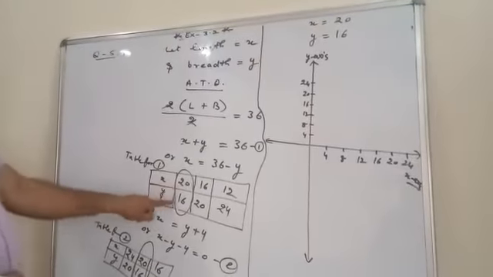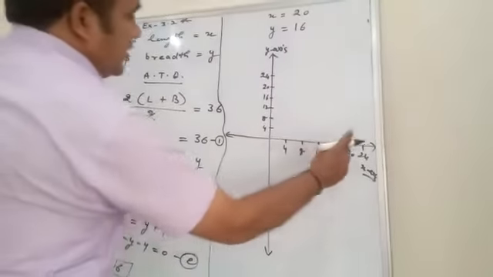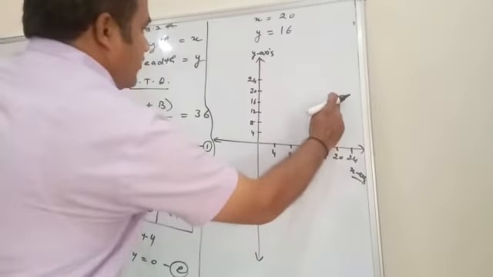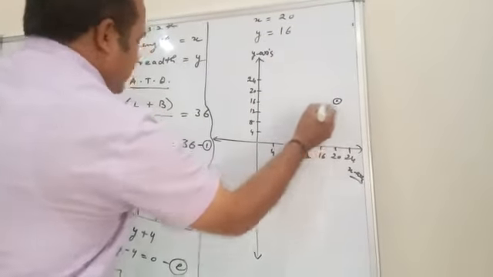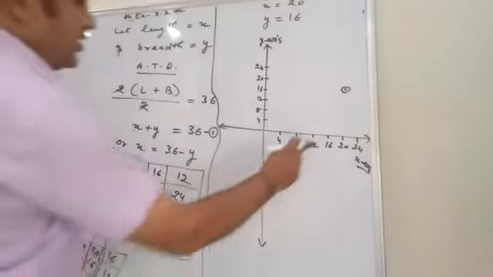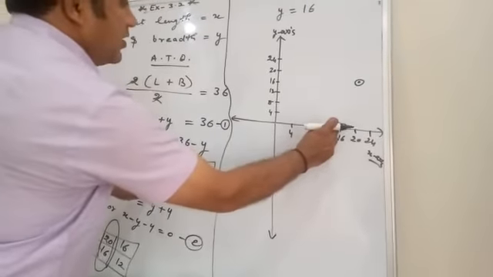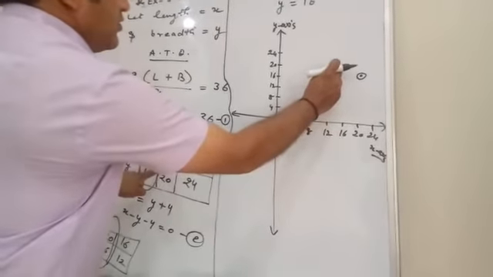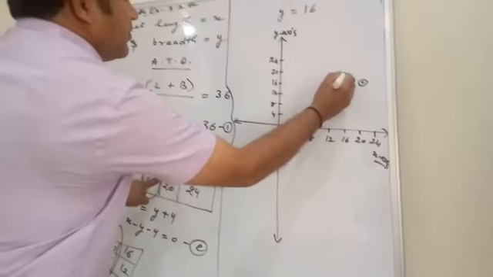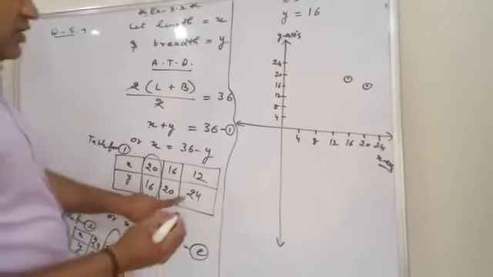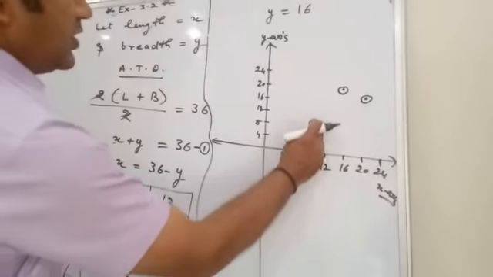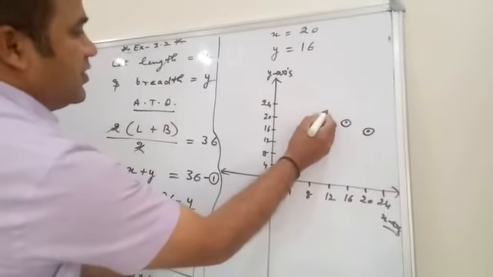X equal to 20, y equal to 16. You will locate this one, x 16, y 20, and x 12, y 24.